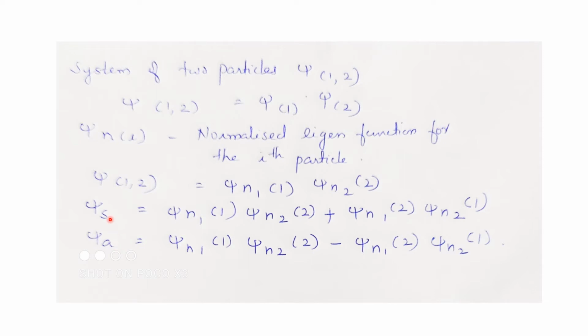The symmetric wave function can be written as psi s is equal to psi n1 1 psi n2 2 plus psi n1 2 psi n2 1, and the anti-symmetric wave function psi a is given by psi a is equal to psi n1 1 psi n2 2 minus psi n1 2 psi n2 1.